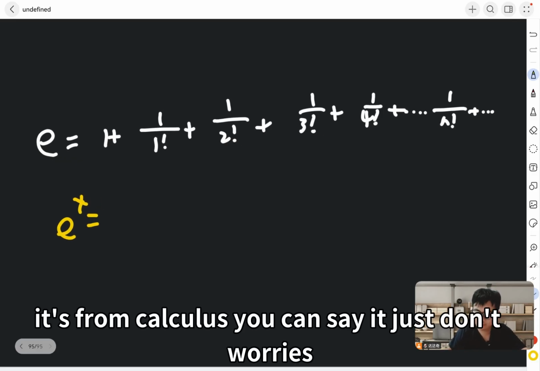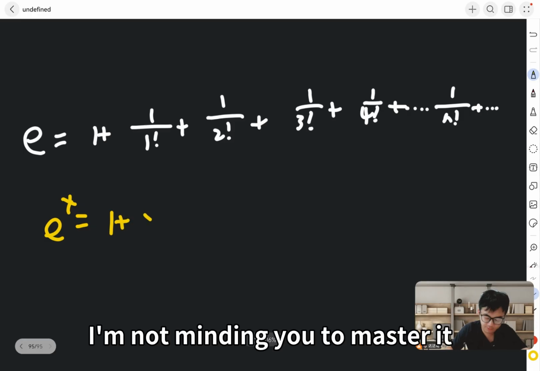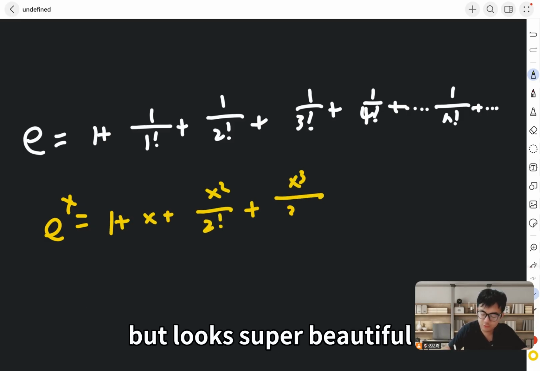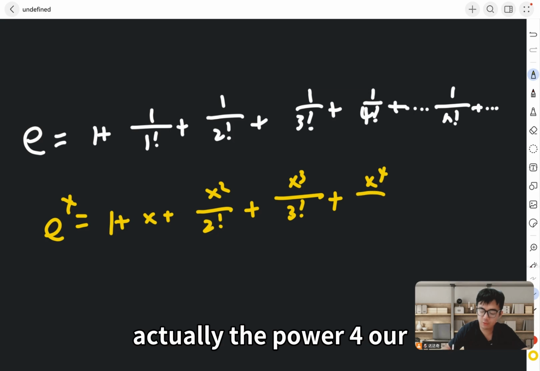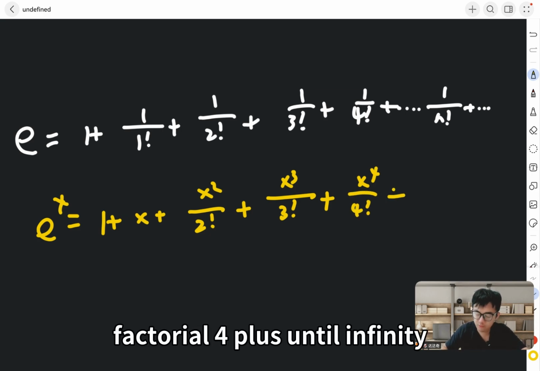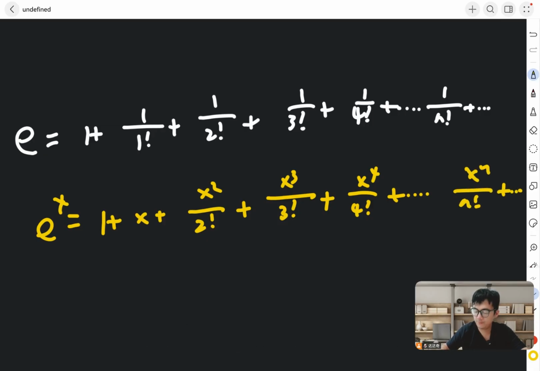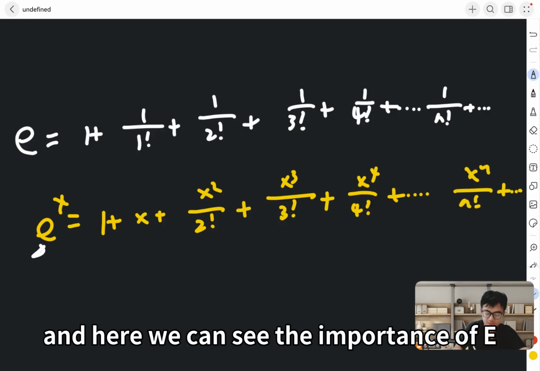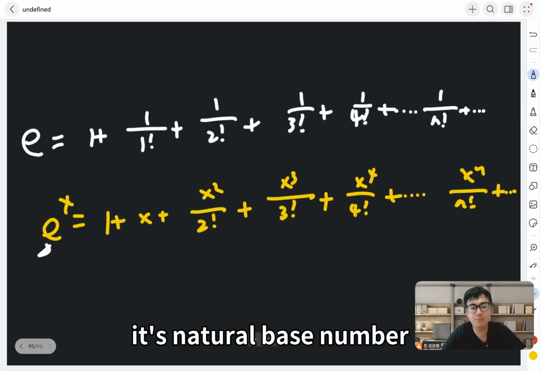Just don't worry, I'm not demanding you to master it. But it looks super beautiful. x to the power of 4 over factorial of 4 plus until infinity. And here you can see the importance of e, this natural base number.